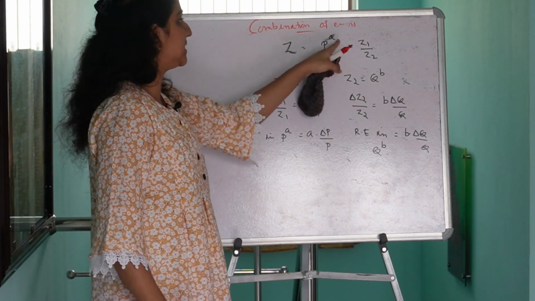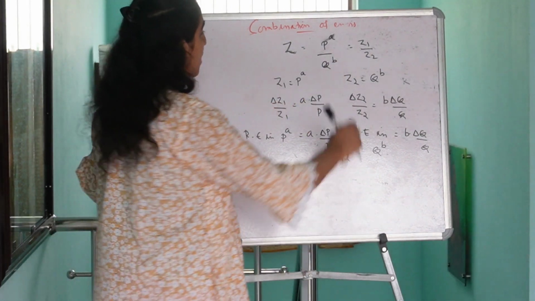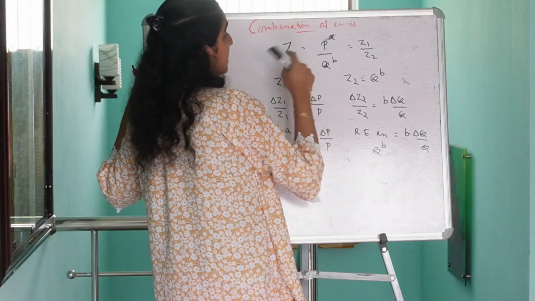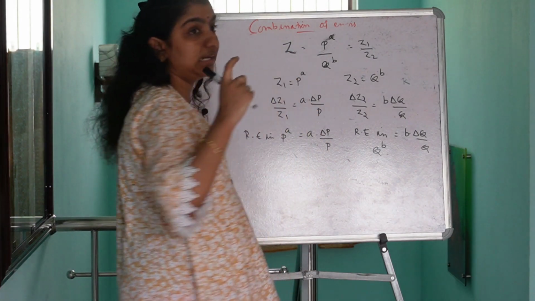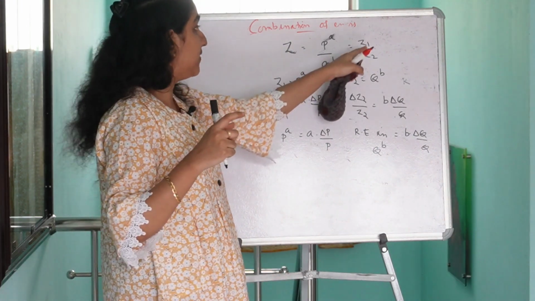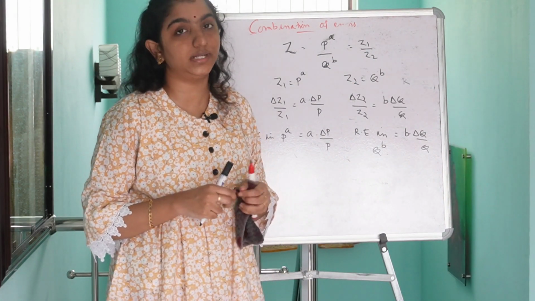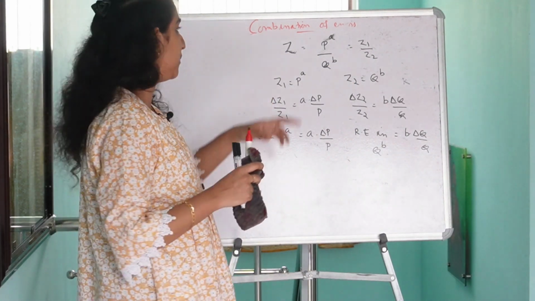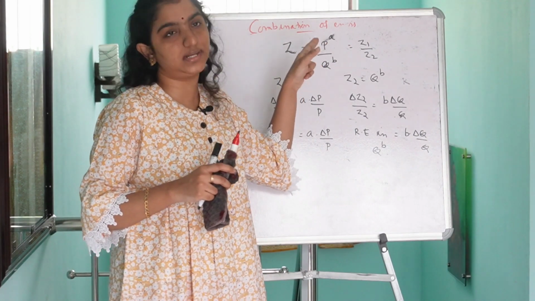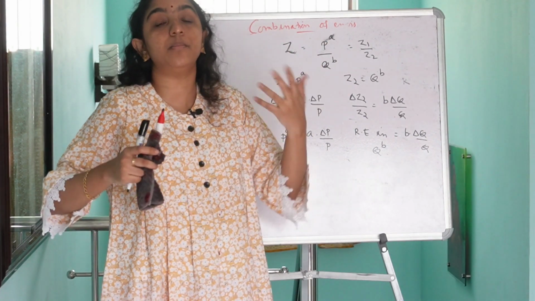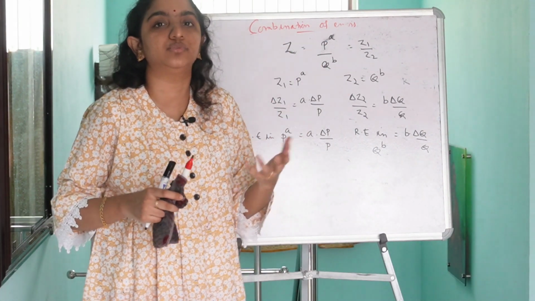So what is the relative error in the resultant when we are dividing two physical quantities? When we are dividing two physical quantities, the relative error in the resultant is equal to the sum of the relative errors in the individual measurements.